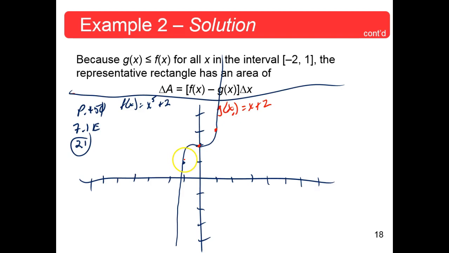And at minus 1, it's 1. Okay. Interesting. Something like that, if I drew it correctly.